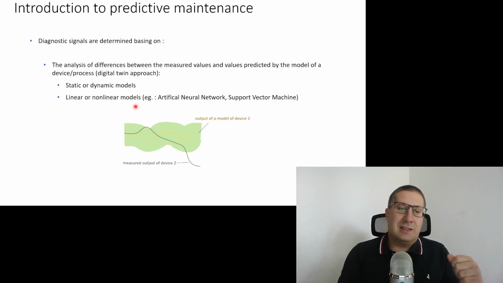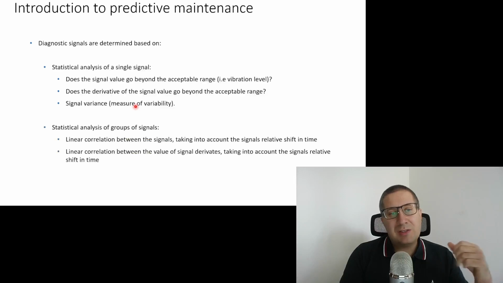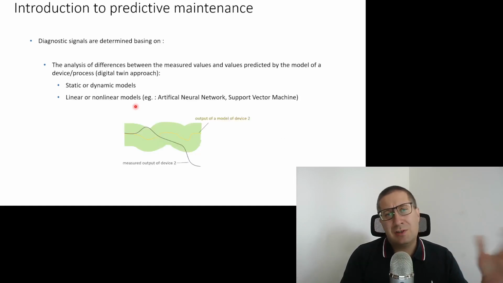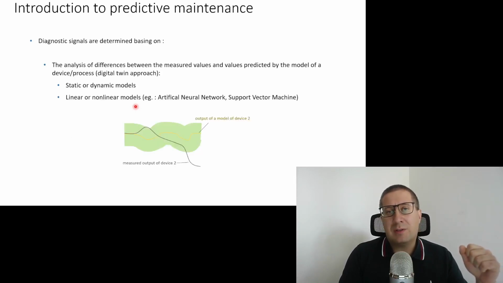All right. And of course, the final decision about the risk of a failure can be based on a mix of those three approaches, on a digital twin, but also on some statistical analysis of particular signals.